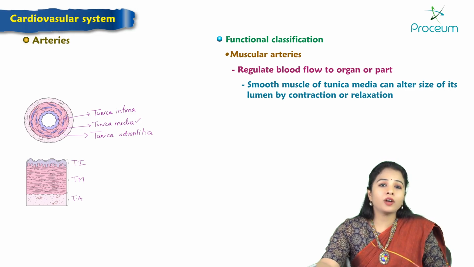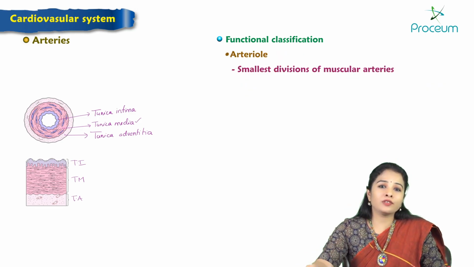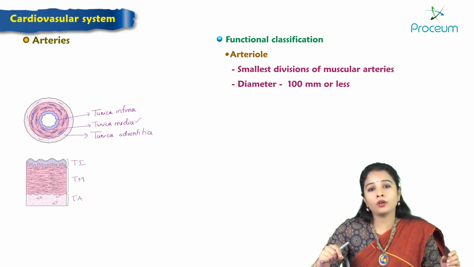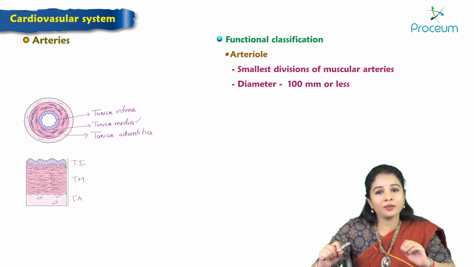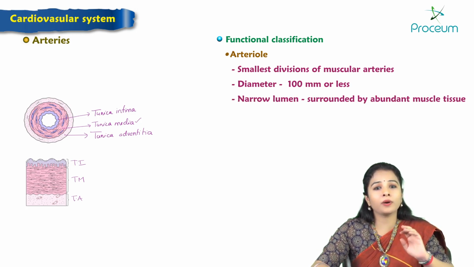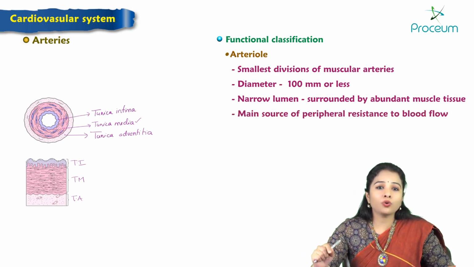The third type of arteries are arterioles. Arterioles are the smallest division of the muscular artery with 100 mm or less of diameter, and the narrow lumen is surrounded by abundant muscle tissue, and they are the main source of peripheral resistance to blood flow.